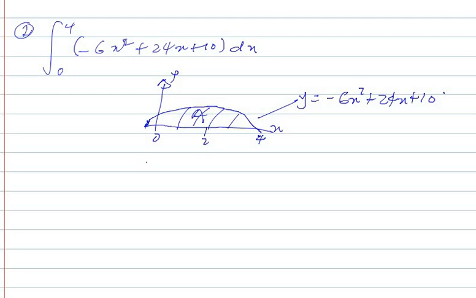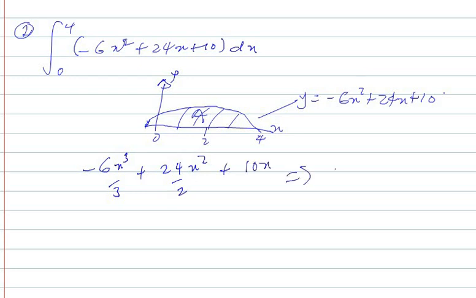So we have to integrate this function first. The integral gives minus 6x to the power of 3 over 3, plus 24x squared over 2, plus 10x.